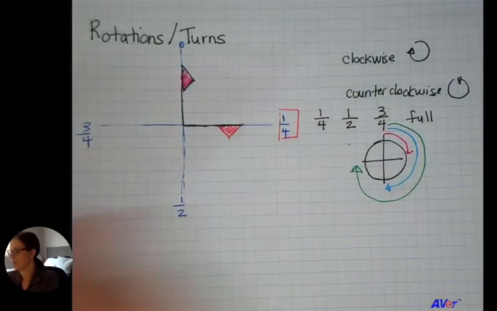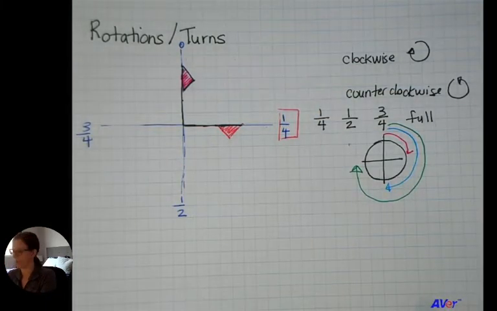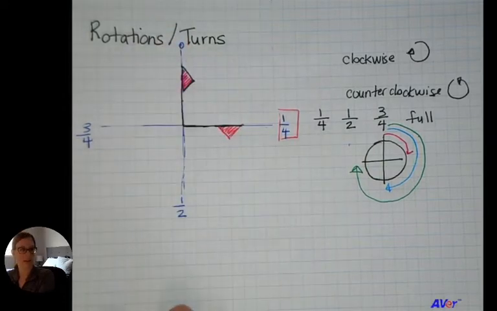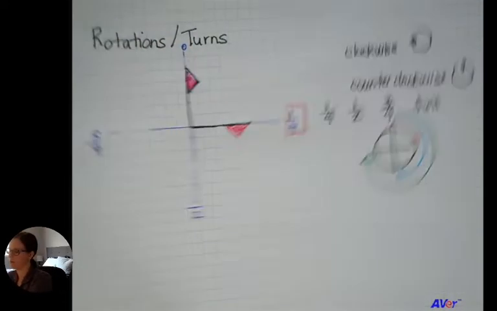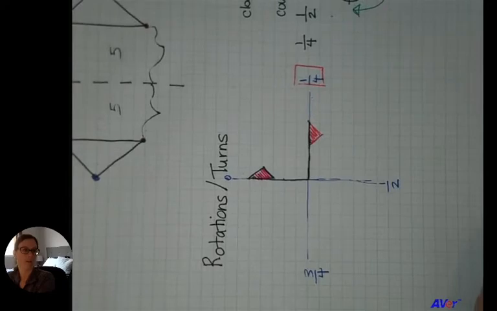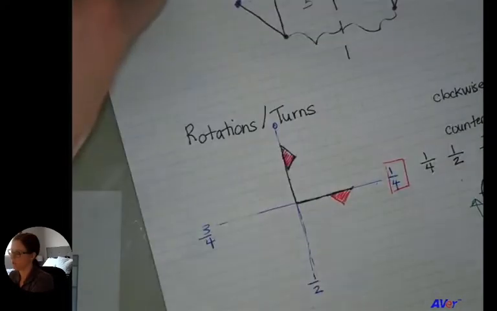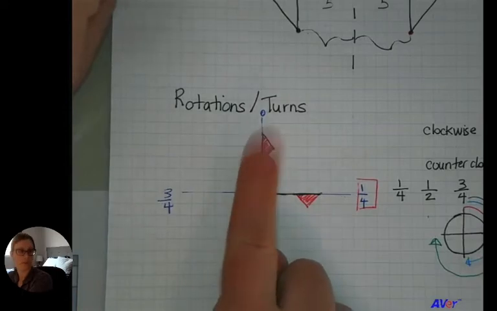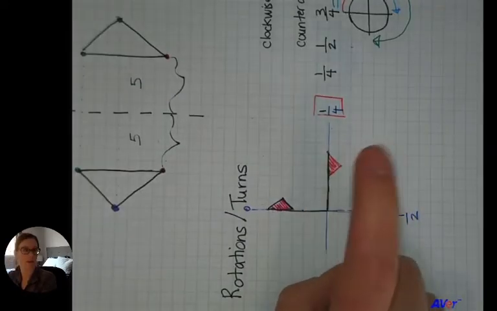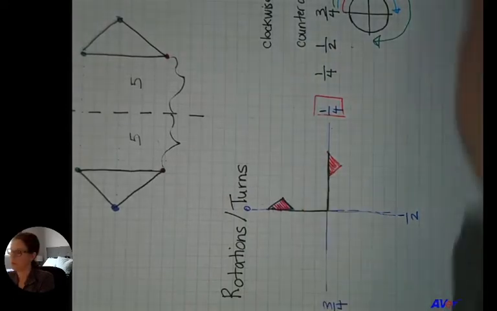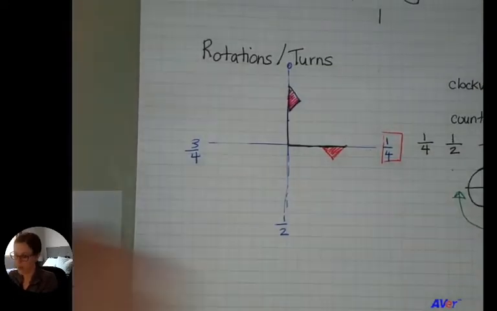If I turn my paper a quarter of a turn, oh look, it's the exact same flag. So there it is, a quarter turn. We've gone from the 0 line to a quarter turn, and all we've done is redraw that flag on the quarter turn. Let's try this again with a half turn.